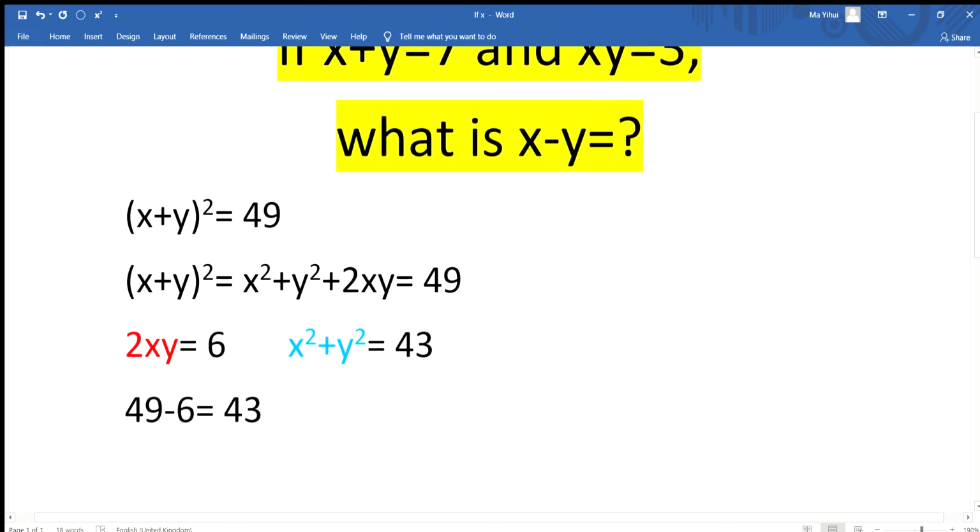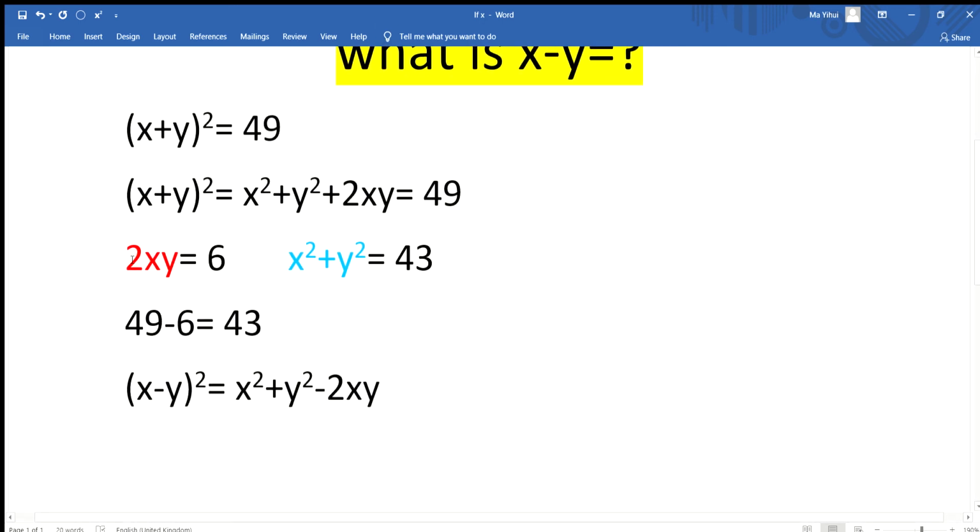Now, let's go to the main question. What is the value of x minus y? So back to the rule of perfect square trinomials. x minus y squared is going to give you the same expression, but just with subtraction: x squared plus y squared minus 2xy.